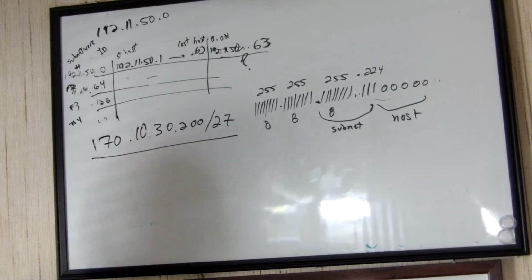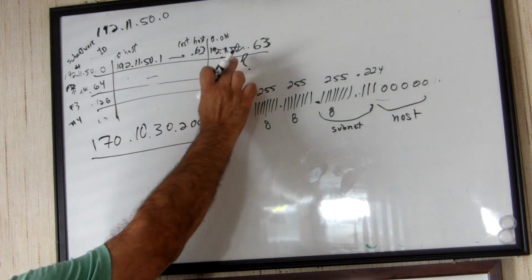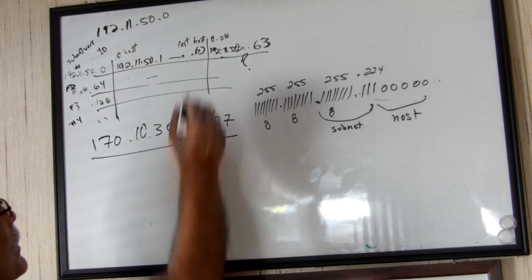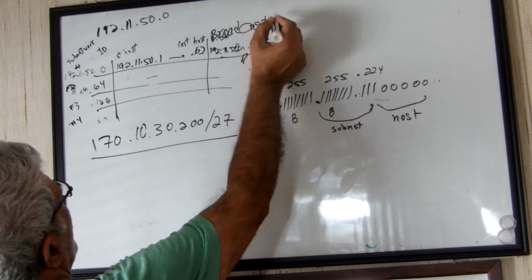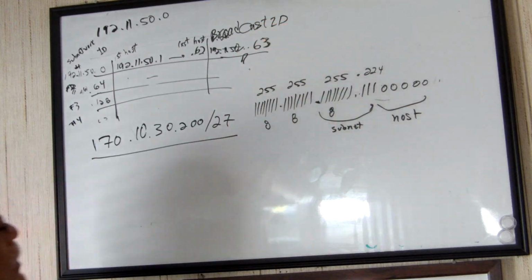Now they give you an IP address and they want you to find the broadcast ID or address.